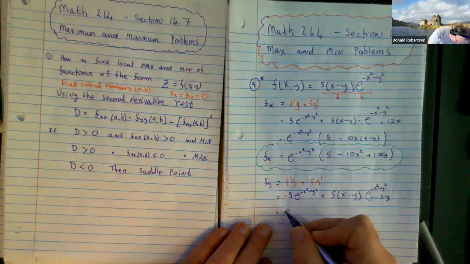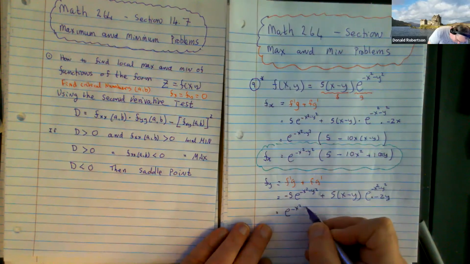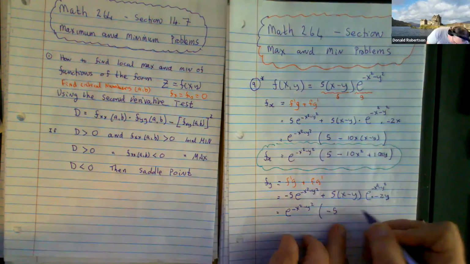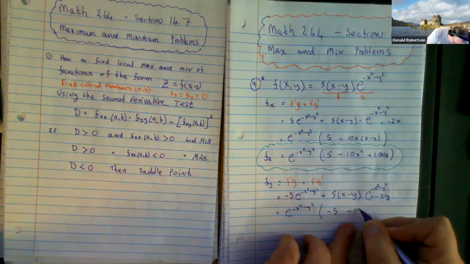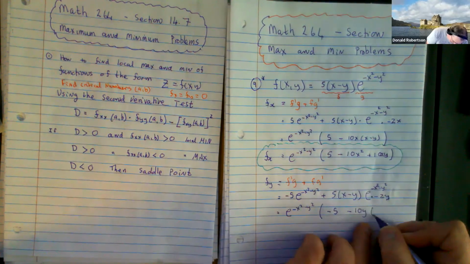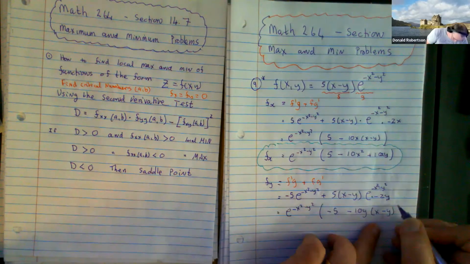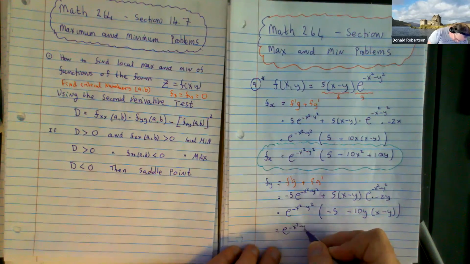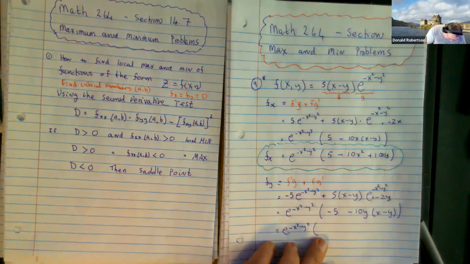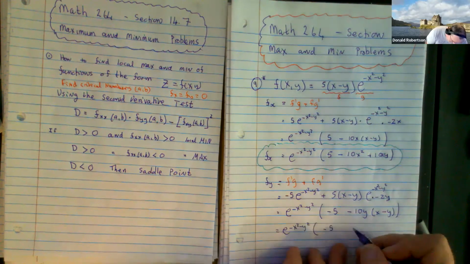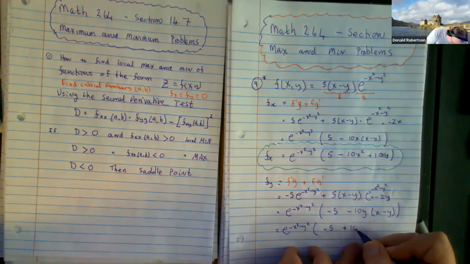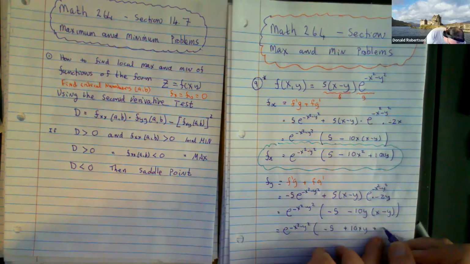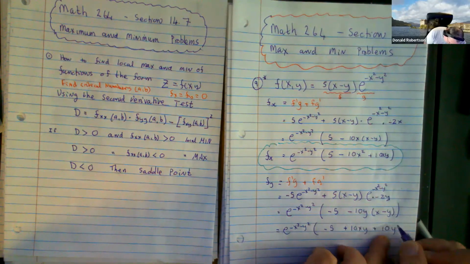Now I'm going to pull out that guy again, and this time I have a negative 5, and that times that gets me negative 10y, x take away y. So I have this fella, I have a negative 5, I have a plus 10xy, and I have a plus 10y squared.